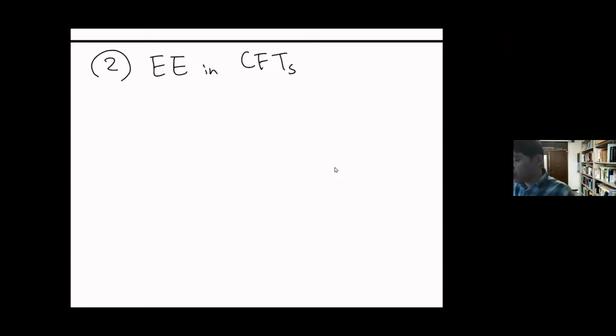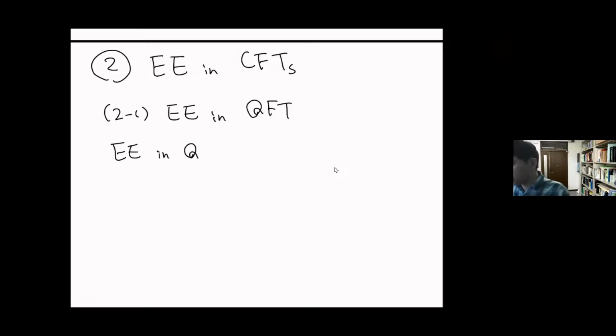Related to the previous issue, I should explain how to calculate entanglement entropy in general in quantum field theory. This is basically the replica trick. But before that, I only talked about two-qubit systems, so we should think about entanglement entropy in quantum many-body systems.